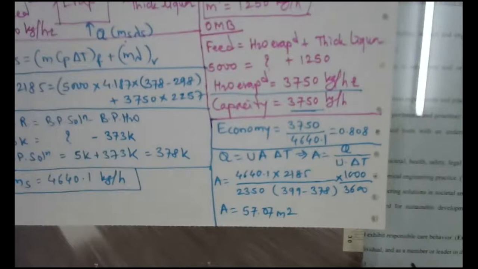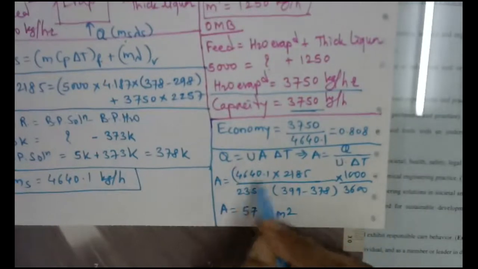Why is it needed? Because the overall heat transfer coefficient is given in terms of watt, while the lambda value is given in kilojoules, and the mass flow rate is given per hour.